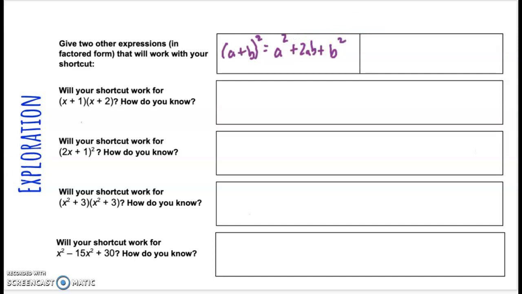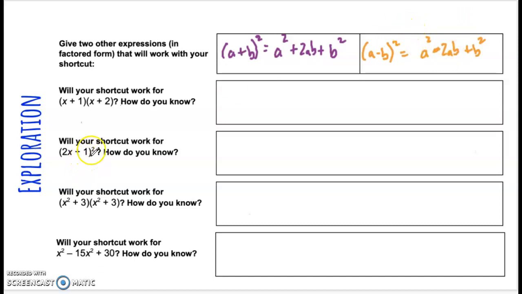And then we also had the pattern a minus b squared equals a squared minus 2ab plus b squared. So the key difference between them, the one on the left has all plus signs in the polynomial once it's multiplied. The one on the right has a minus sign before that middle term when it's being multiplied.